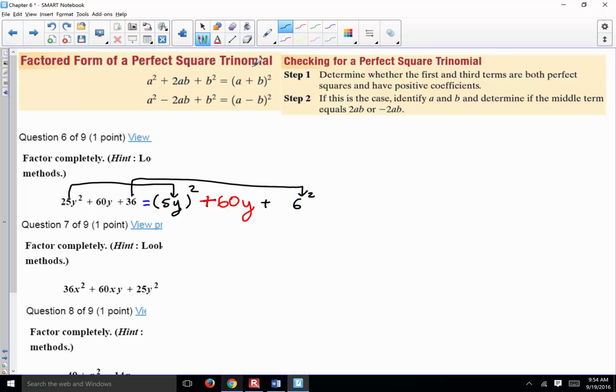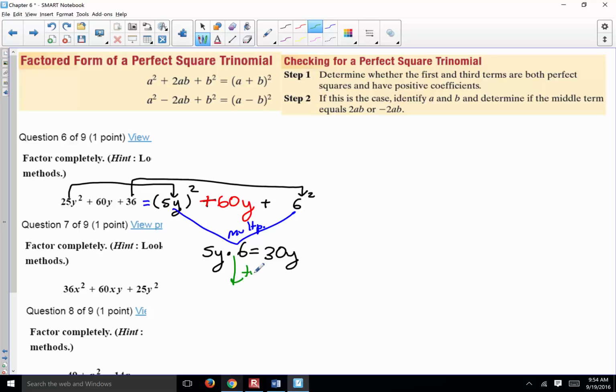What is the test? The test is immediately underneath it. Multiply this. What is 5 times y? 5y times 6? 30y. Then are we done? Are we going to match this?